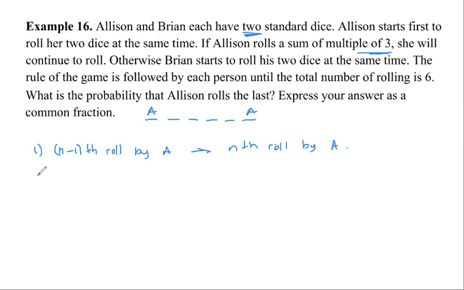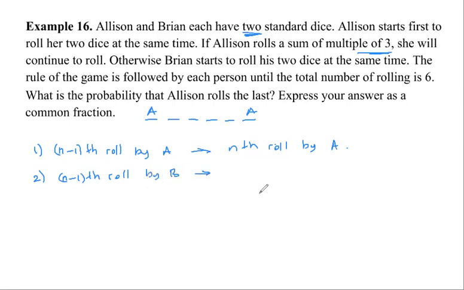The second case is slightly different. Maybe the previous roll was done by Brian. Maybe he got that turn. So I will say the (n-1)th roll was actually done by Brian.